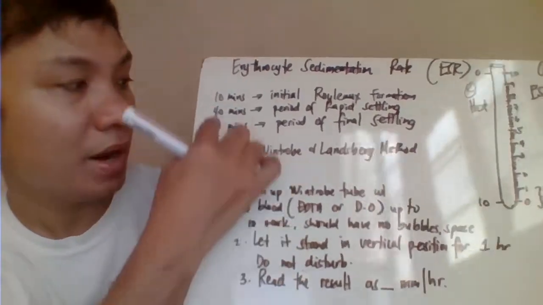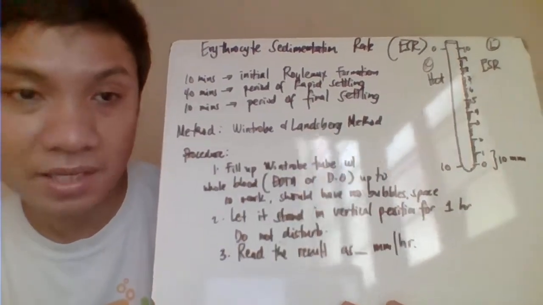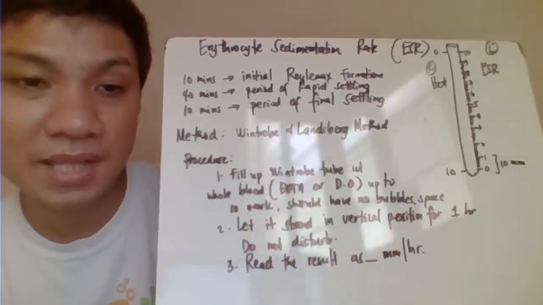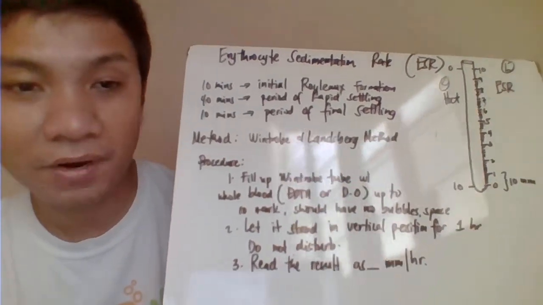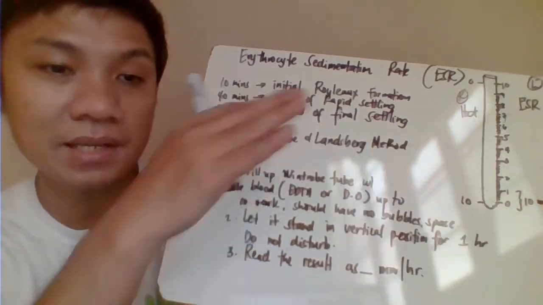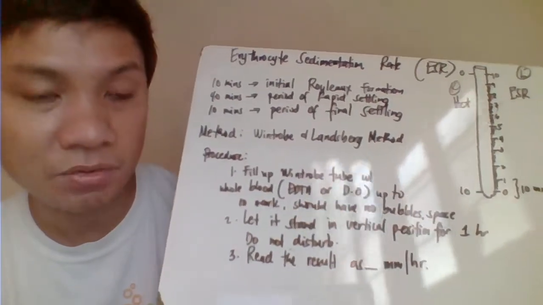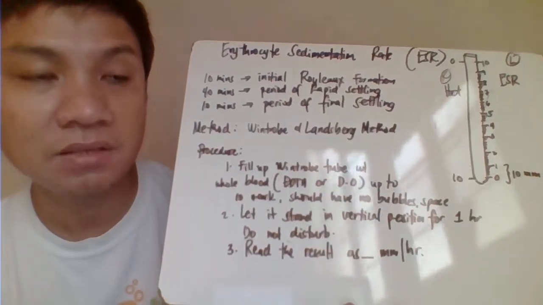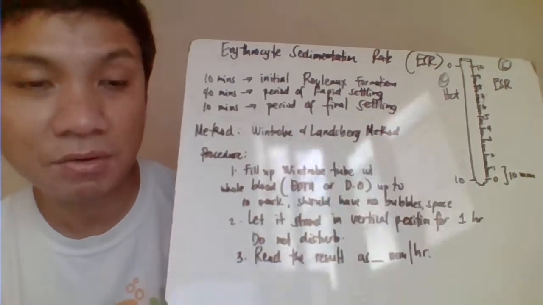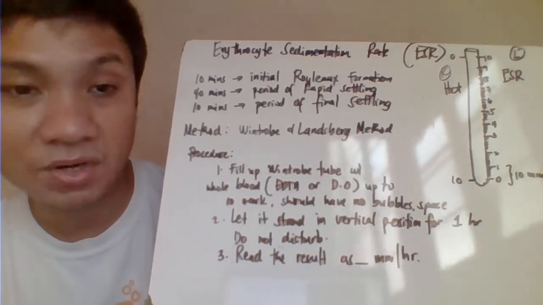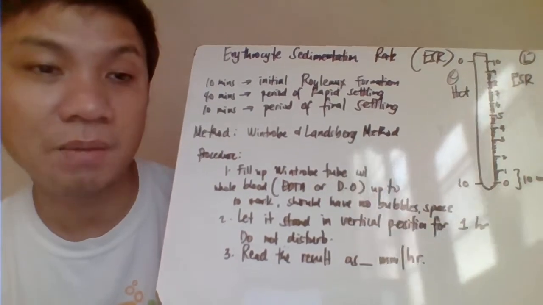Okay, so the 1 hour is divided here into 3 stages. The first 10 minutes is the period of rouleau formation. For the RBC to settle, it should undergo rouleau formation. By nature RBCs are negatively charged, so they will not stick to one another.